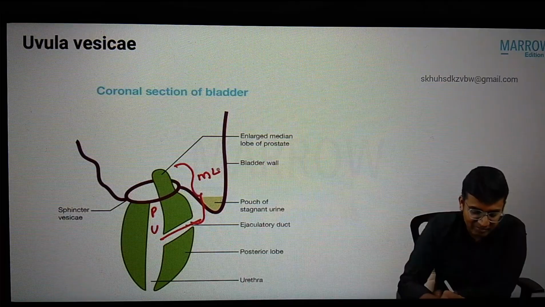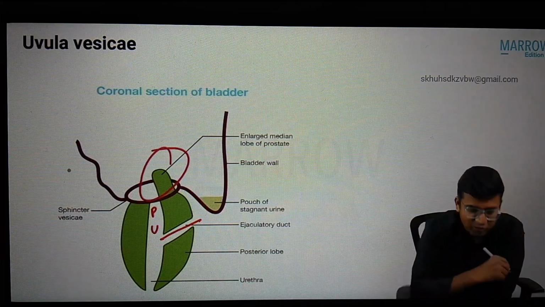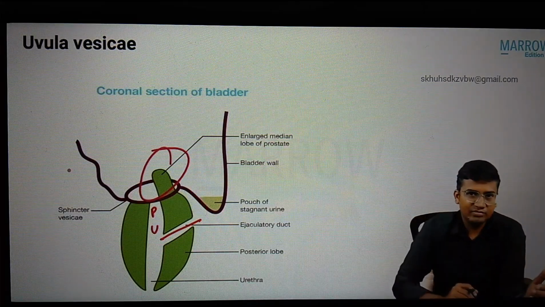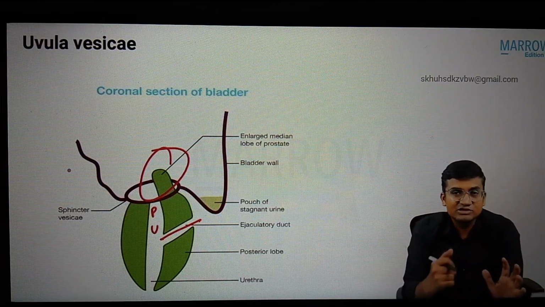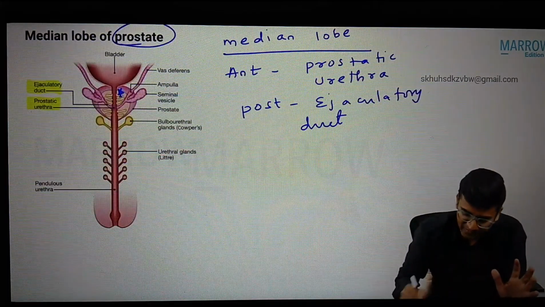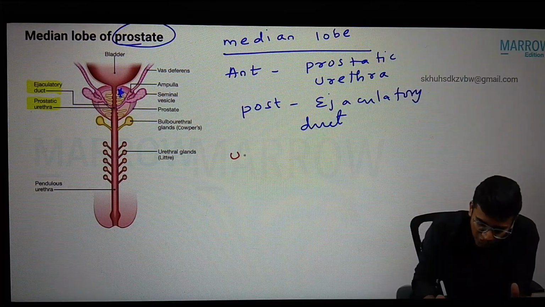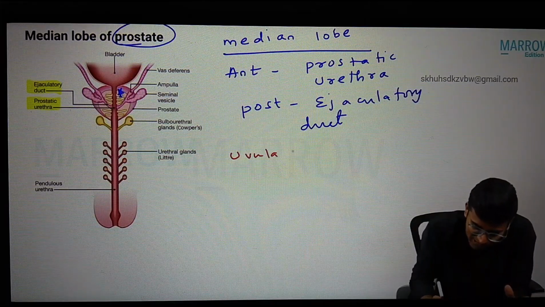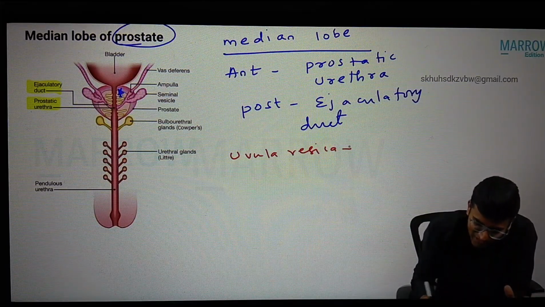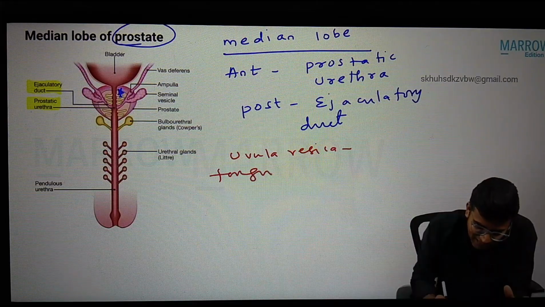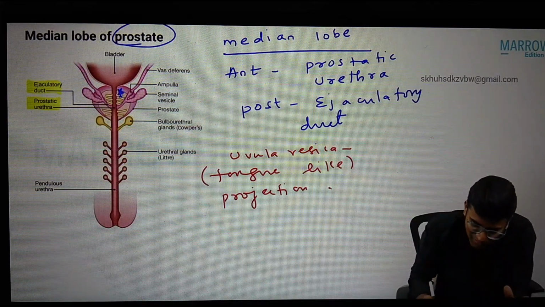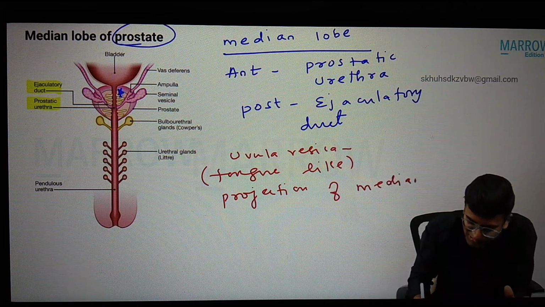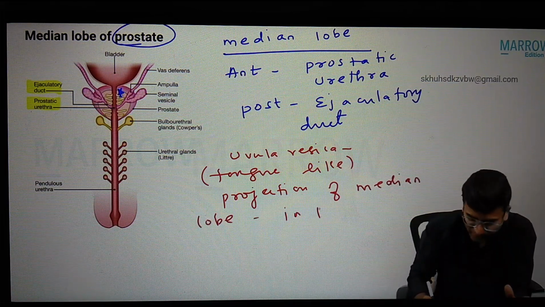Now see the apex of the median lobe. The apex of the median lobe, which goes into the bladder, is a tongue-like projection present inside the bladder. That is called uvula vesicae. So uvula vesicae is nothing but the tongue-like projection of the median lobe in the bladder.